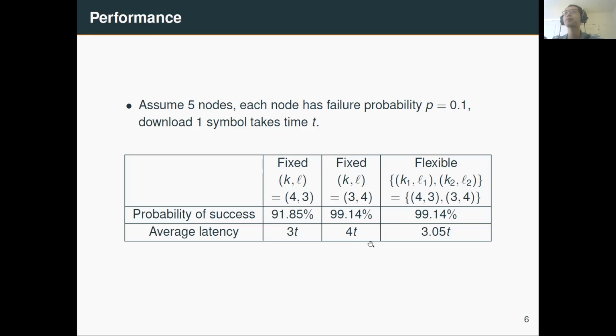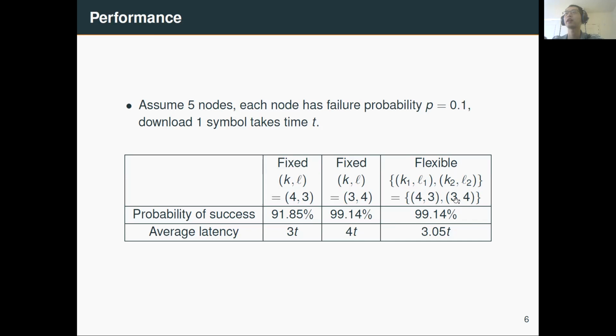But in this case, we need to download 4 symbols in each node, thus resulting in a large latency of 4t. Or we can use our flexible partial MDS code, where k can be adjusted to 4 or 3 according to the number of failures. So if there are at least 3 nodes available, we can download all the messages, so the probability of success is about 99%.